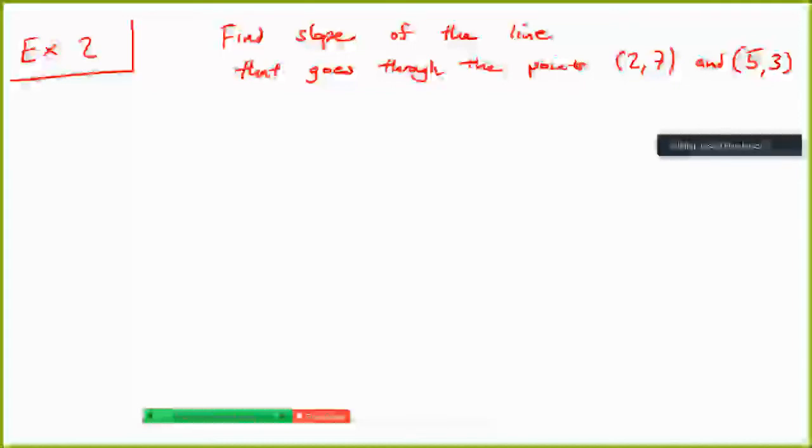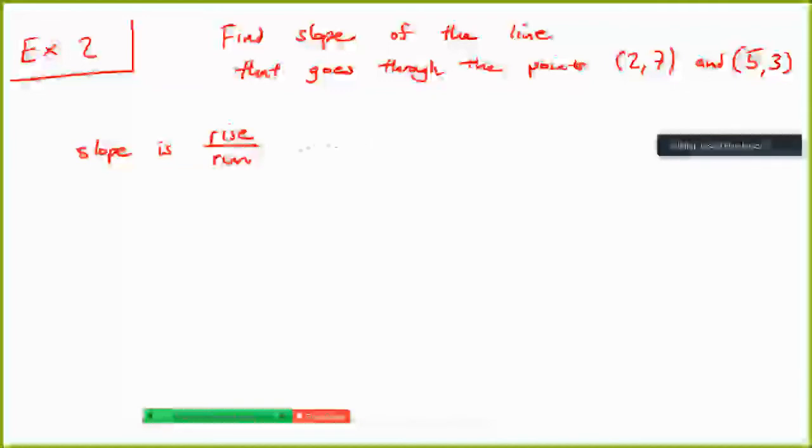So they're not supplying us with a nice graph this time where we can count the units, count the squares to find rise and run. But we are still going to use the same idea of rise divided by run. So let's go back to that. Slope is rise over run.